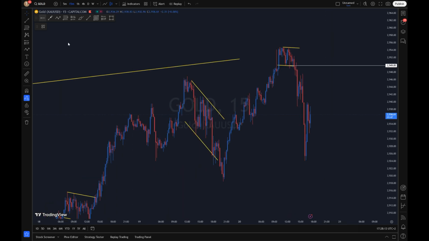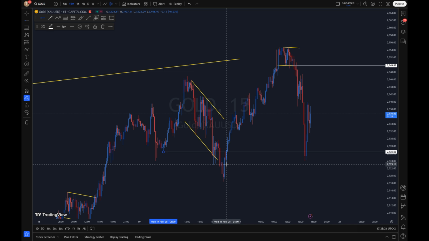But I'm happy with this loss, the entry I took yesterday, because this is my A plus setup, and I did follow my entry management because I was available. As you can see, first touch was right there, second touch right there, and then I received the dead touch.